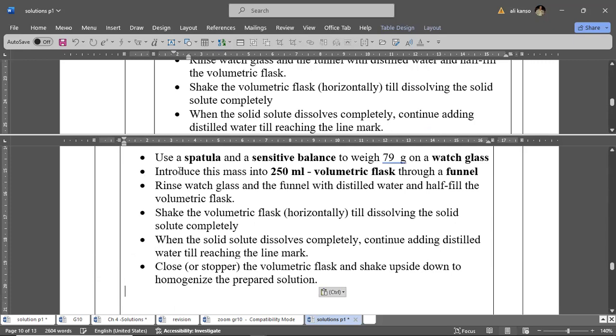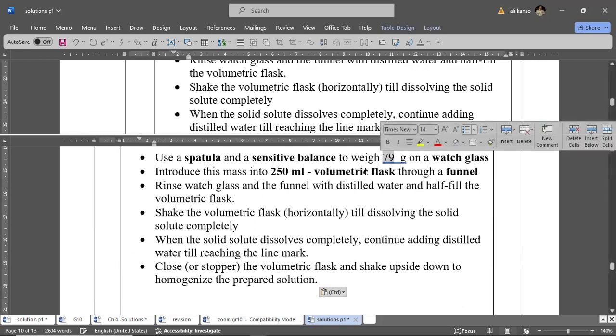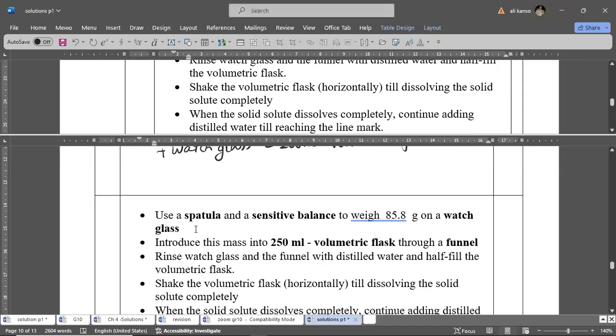First of all, we start by using a spatula and a sensitive balance to weigh. Here we weigh 85.8 grams on a watch glass. Introduce this mass into a 250 milliliter volumetric flask. Here we have to prepare 200, so we replace 250 with a 200 milliliter volumetric flask, through a funnel.